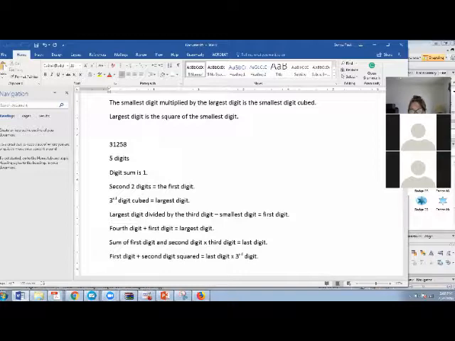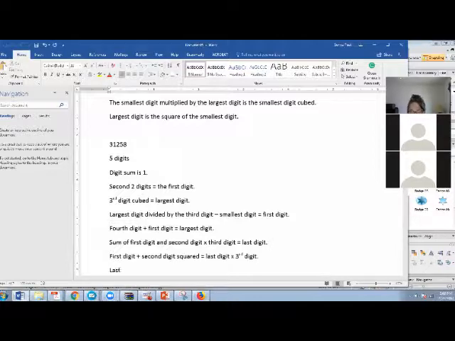I did one with the 5. That is true. The largest number subtracted by the first number equals the fourth digit. The largest digit subtracted by the first digit.